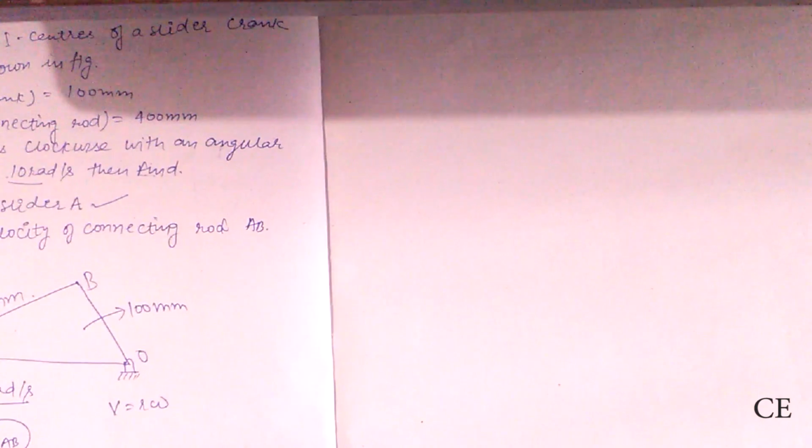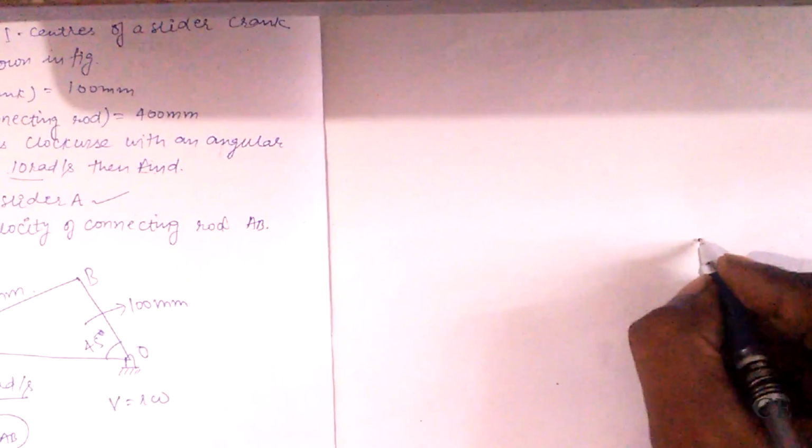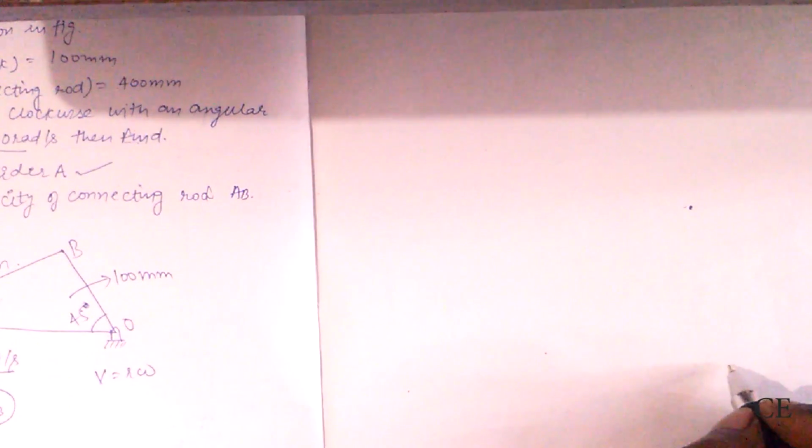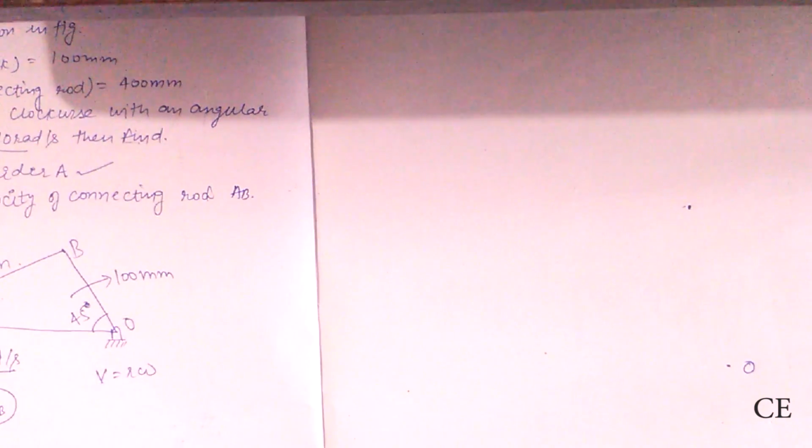So for that let us draw the configuration diagram. We need three things again: a scale, a compass, and a protractor. This is given as 45 degrees. First of all take a fixed point, taking it as low as possible. So this is O, and we have a line at 45 degrees to OA.